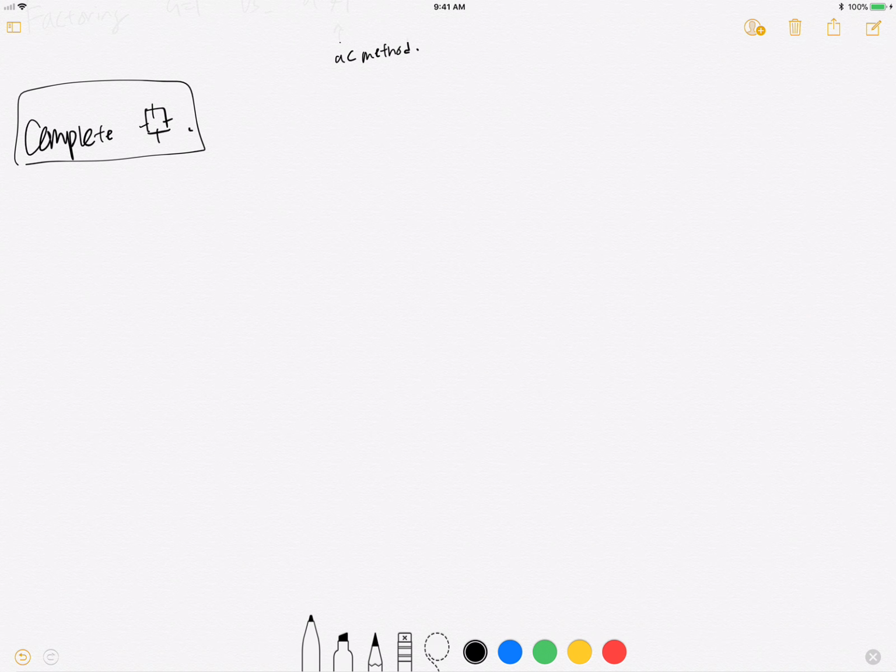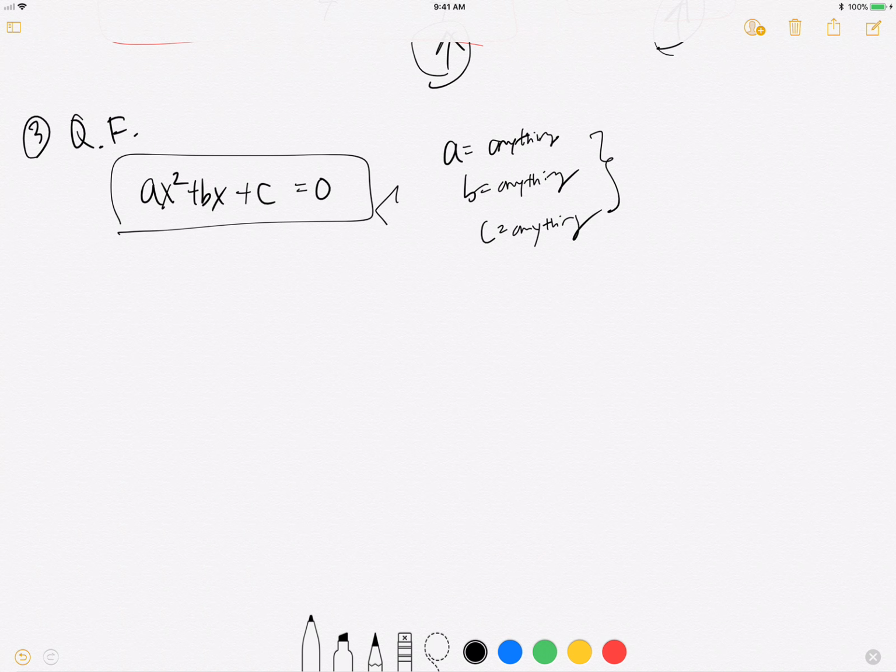It doesn't matter what you plug in as long as it's real. Once I solve for that using completing the square, that basically gives birth to the quadratic formula. So the quadratic formula is just the formula that you memorize, but at the same time it's a derivative of completing the square.